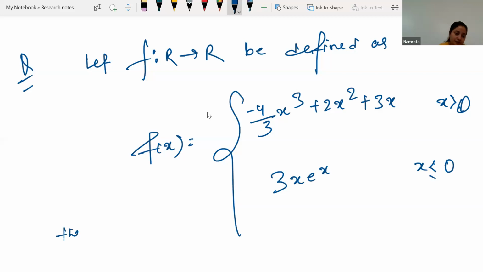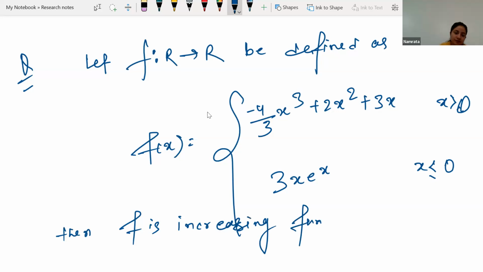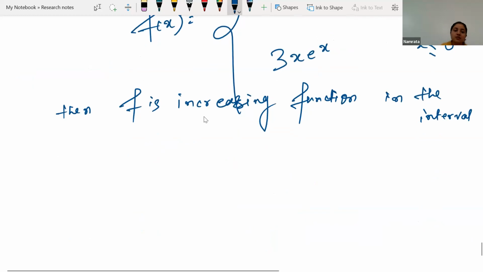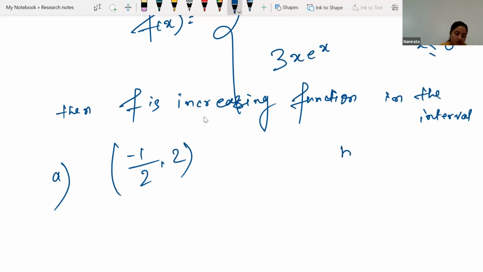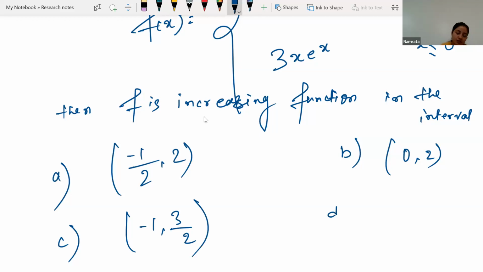Then f is an increasing function in which interval? The intervals are given over here. Is it minus 1 by 2 to 2? Is it 0 to 2? Is it minus 1 to 3 by 2? Or is it minus 3 to minus 1?